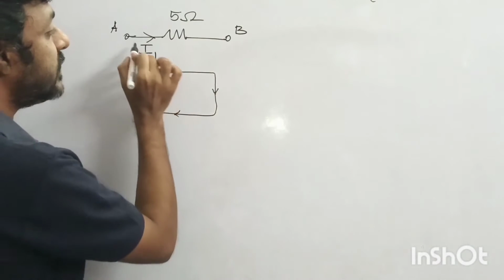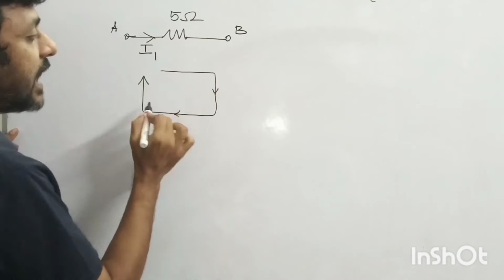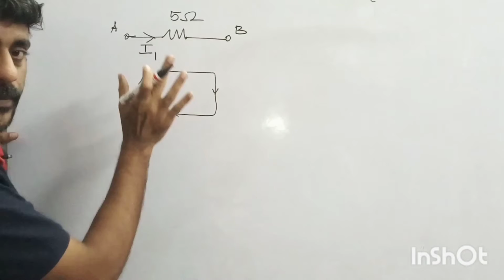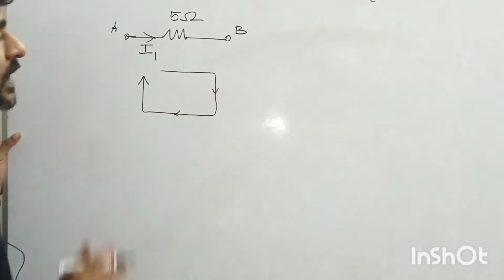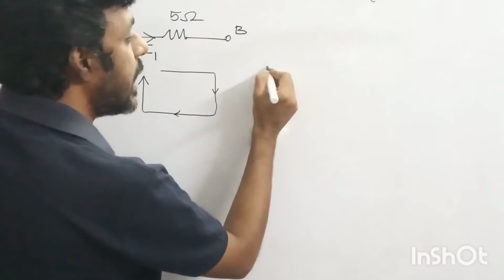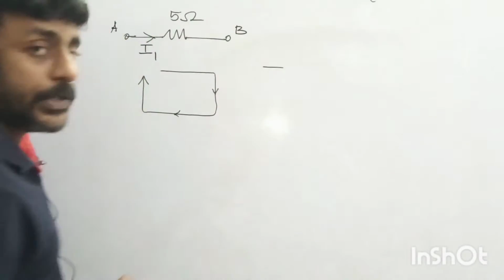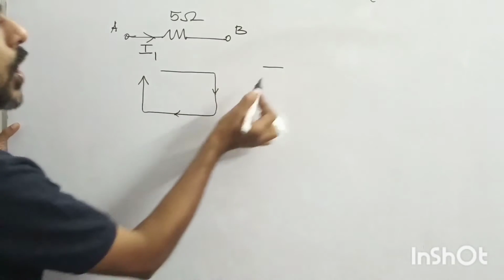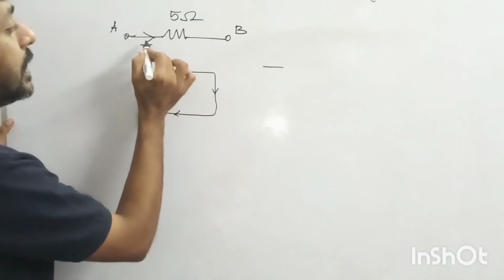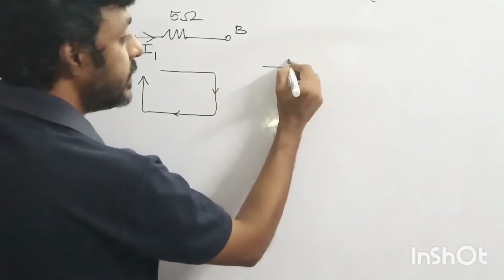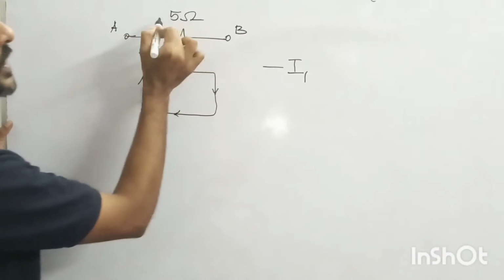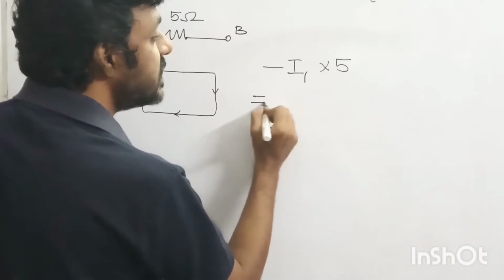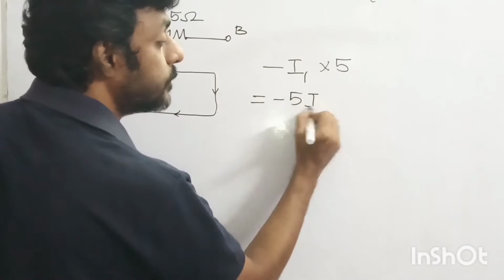So when the direction of the current and my direction of travel both coincide with each other, then I will introduce a negative sign. Along with this negative sign, I will multiply the value of the current, that is I1, into the value of the resistance, that is 5. So my answer is minus 5I1.